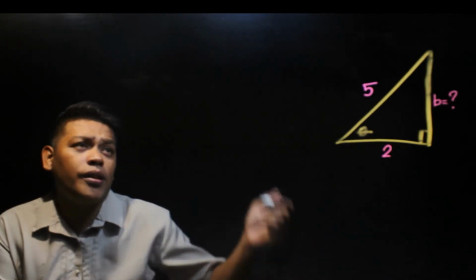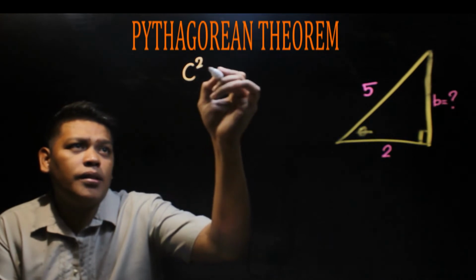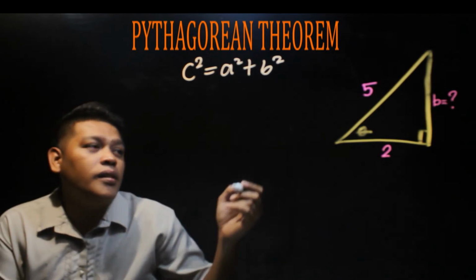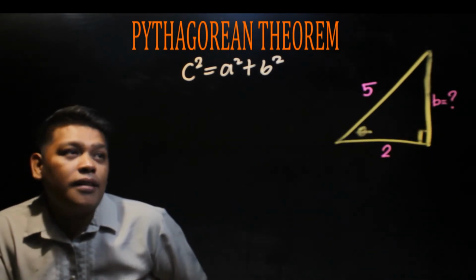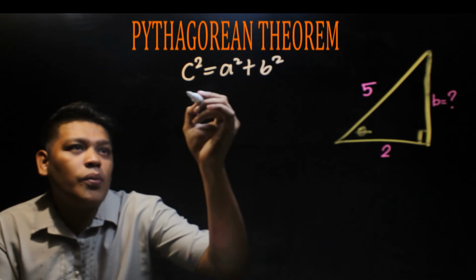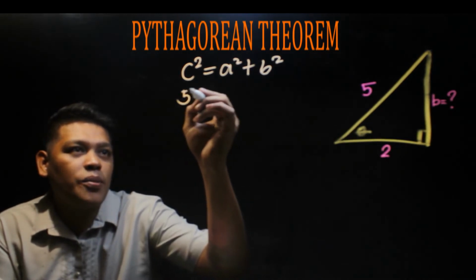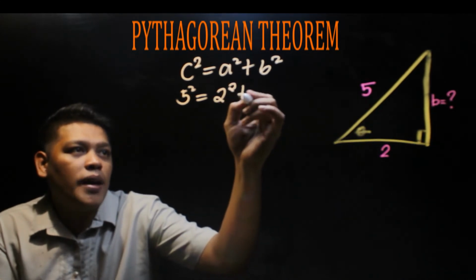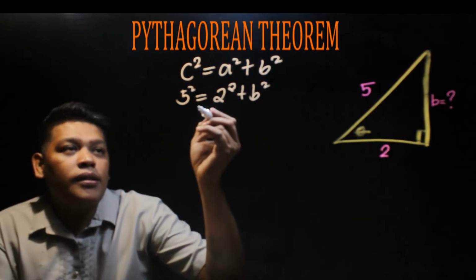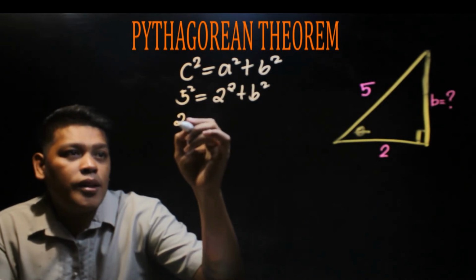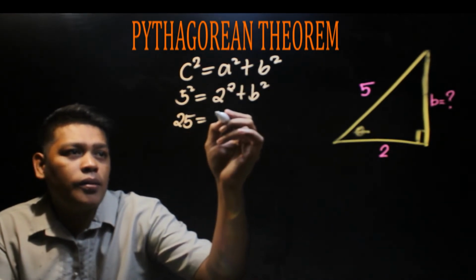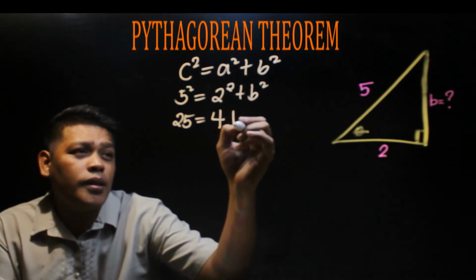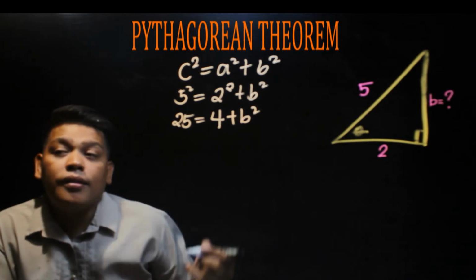The Pythagorean theorem: C squared equals A squared plus B squared. To find the side B, 5 squared equals 2 squared plus B squared. 5 squared is 25, and 2 squared is 4, plus B squared.